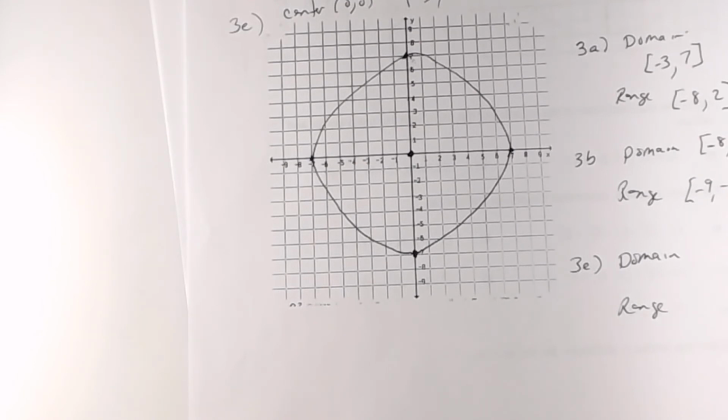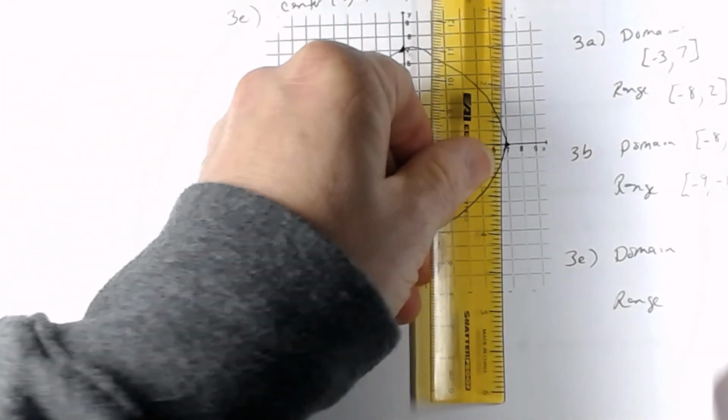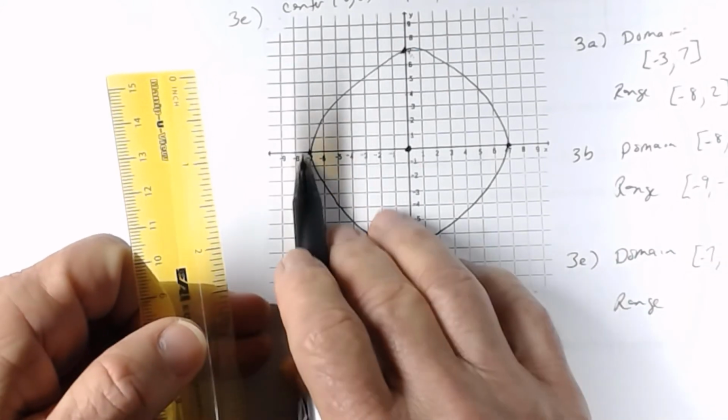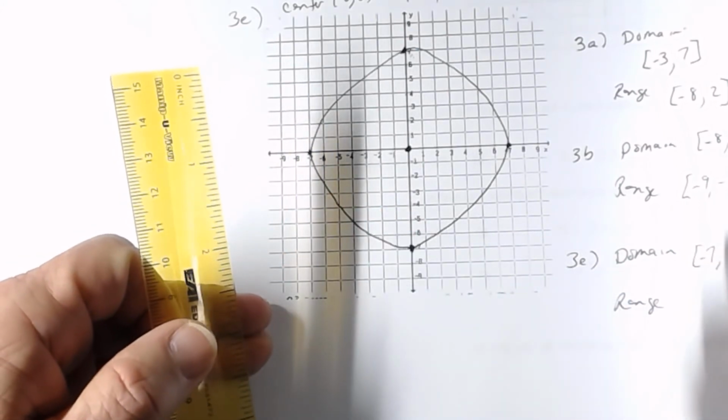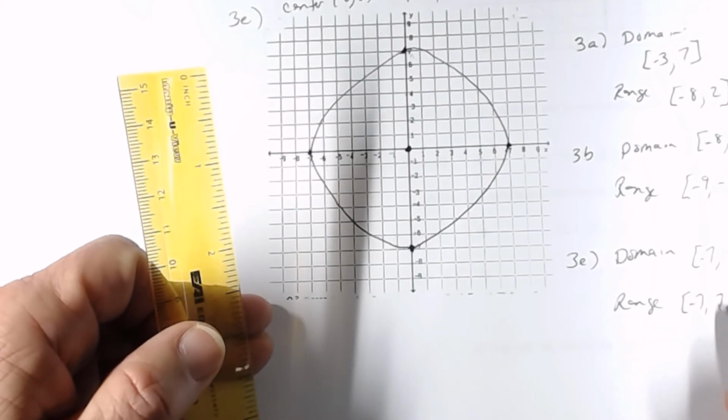Okay, I'll give you that. What's the range? Yeah, same. It kind of makes sense that the domain and range have to be the same, because where is the center? At the origin. Yes, very good. So for the domain, you go along the x-axis, negative 7 to positive 7, with brackets, not parentheses now, because these are solutions and they're on the graph. And the range is the same thing.